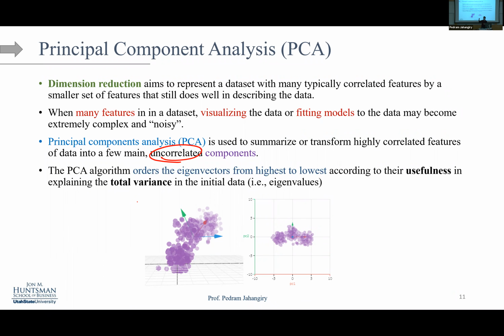The one with the highest eigenvalue comes first, explaining the variation alongside that eigenvector, and then the next one, and the next one, according to their usefulness in explaining the total variance in the data. And that usefulness in total variance is our eigenvalues. Is that clear? Remember that circle that I showed you, when the eigenvalue was largest, AB was largest. So the variance alongside that direction was largest.